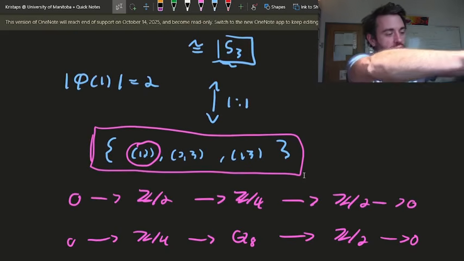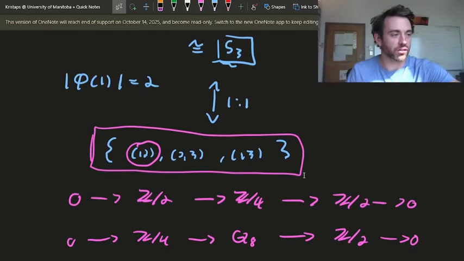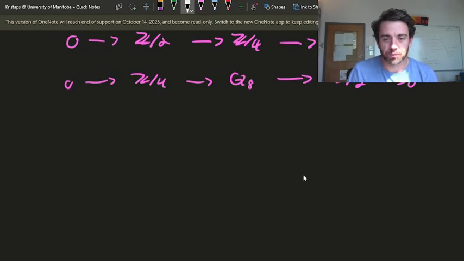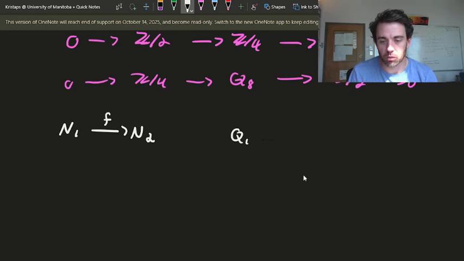And so I'm going to leave you with a final theorem that classifies all of these. To be fully general, we can consider groups up to isomorphism. So let's suppose we have an isomorphism F between two groups N, which will be the normal subgroups, and an isomorphism G between the two groups Q, which will be the quotients.